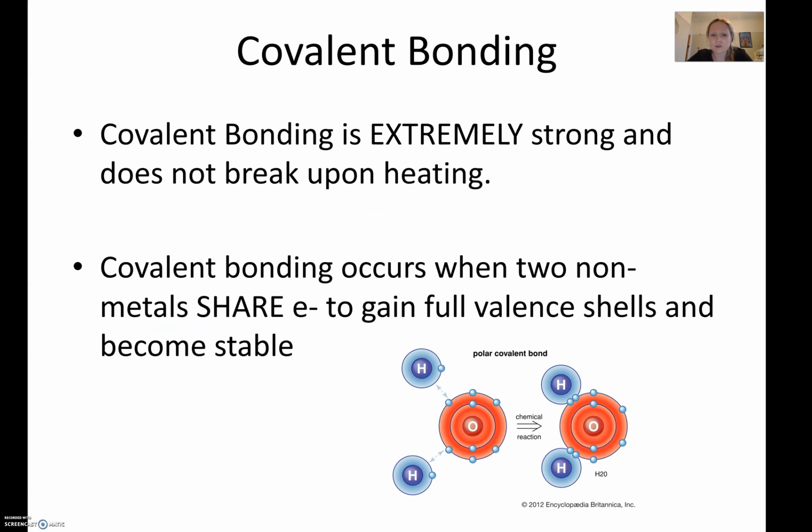Covalent bonding is extremely strong, and we have evidence for this in our everyday lives. If you grab some ice out of the freezer, and we all know from prior knowledge that ice is frozen water, if we leave it to melt, the water becomes liquid water, right? It's still water, so it hasn't actually changed in its molecular structure.